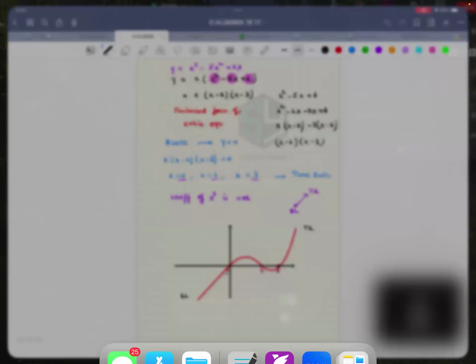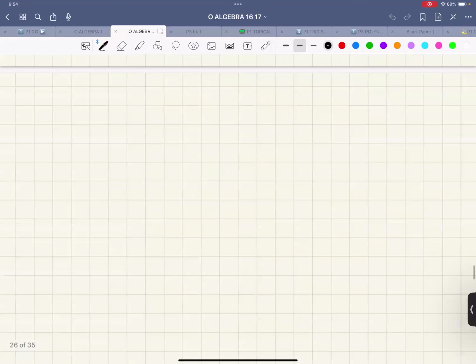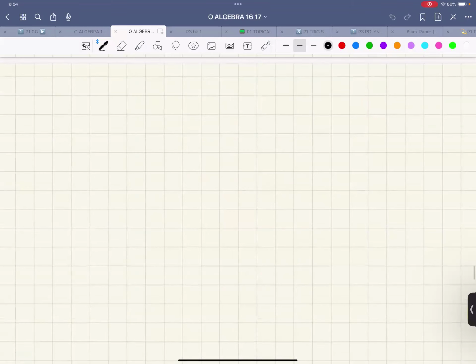So now let's continue and draw another graph. Let's say the graph after factorization is y equals x, 2 minus x, x plus 3. First of all, this x is positive, this is negative, this is positive.